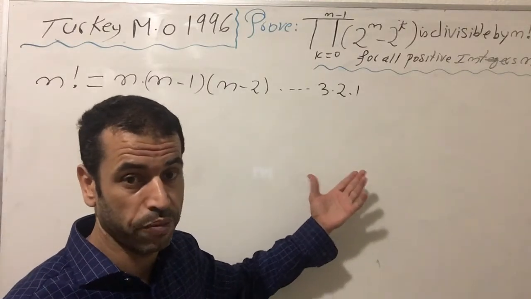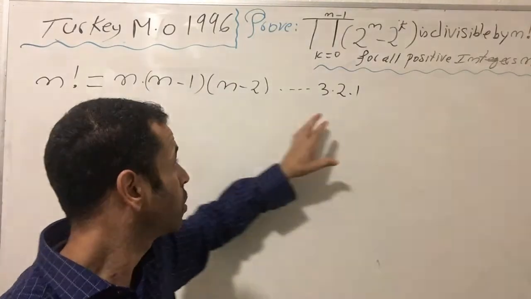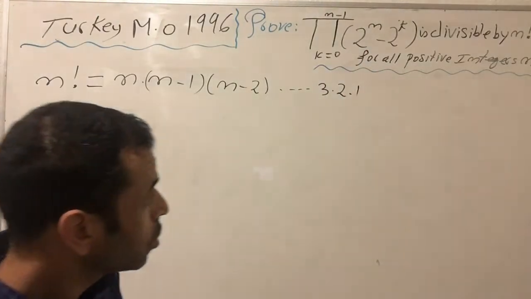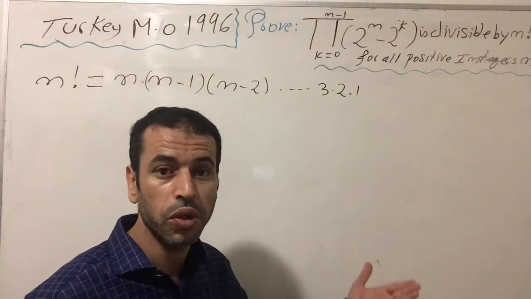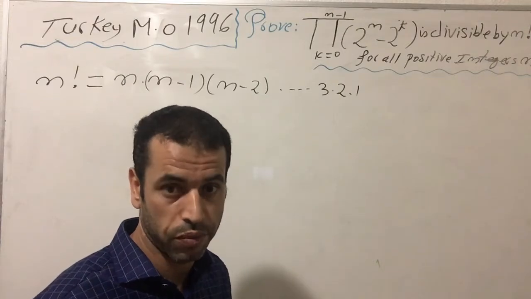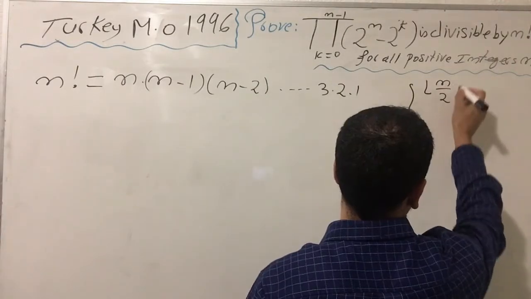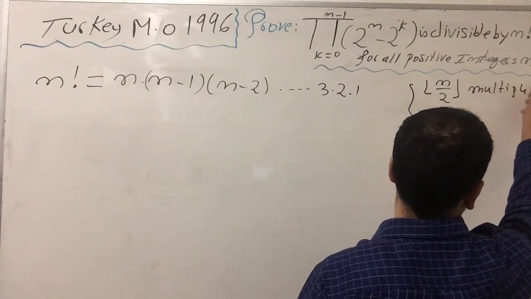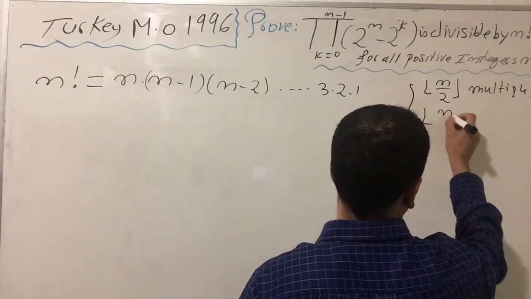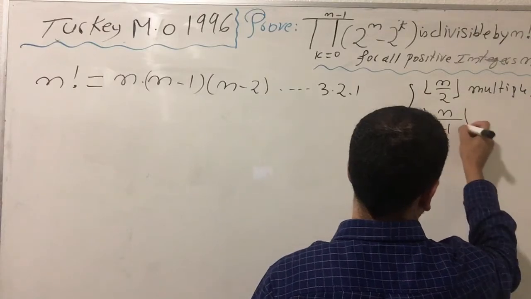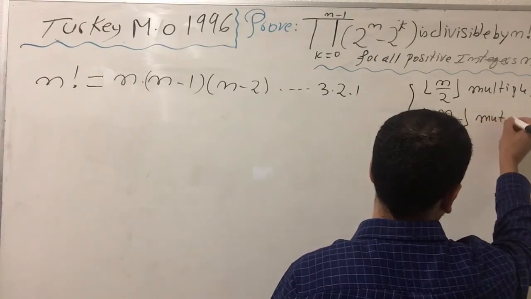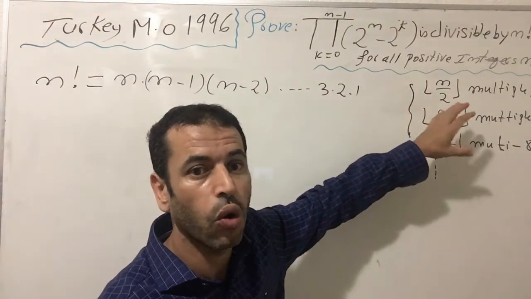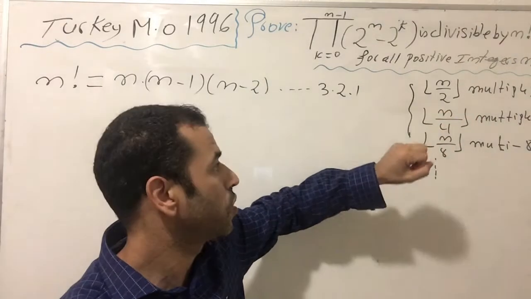This is the relationship I can build between n factorial and this product. In order to do that, I'm going to use Legendre's theorem. For example, n over 2 is the count of multiples of 2, n over 4 the multiples of 4, to extract all the 2s from this factorial.